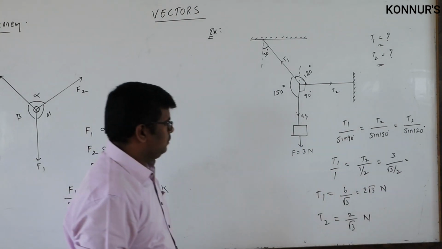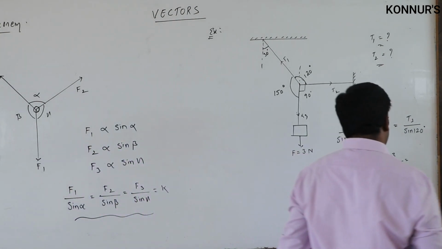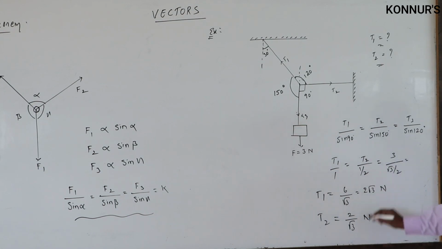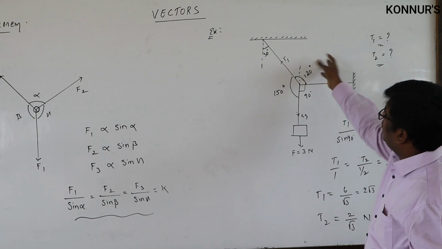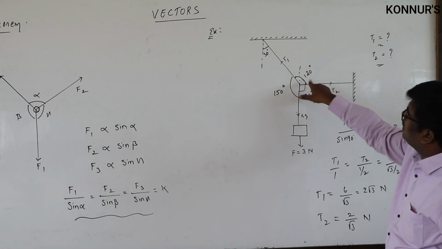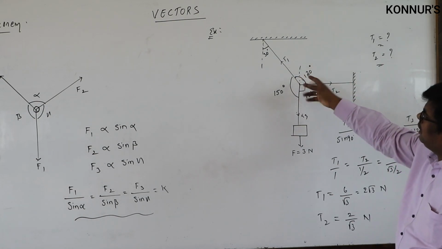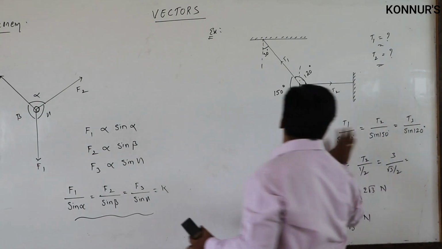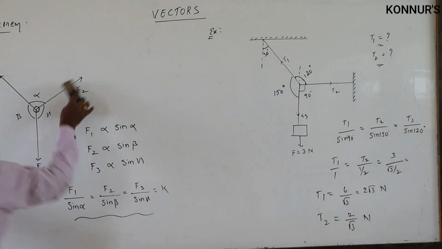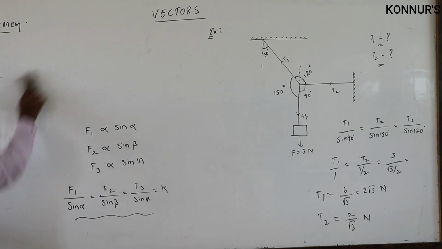So these are the unknowns T1 and T2. This is the way; they may give different angles. Then first you have to observe the angle made between two vectors, then apply this and solve for the unknowns. Like that, you can also do models from the worksheet.